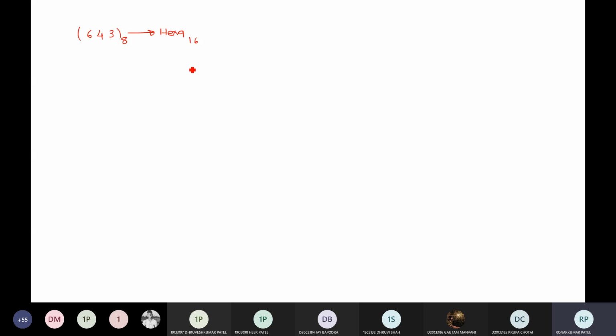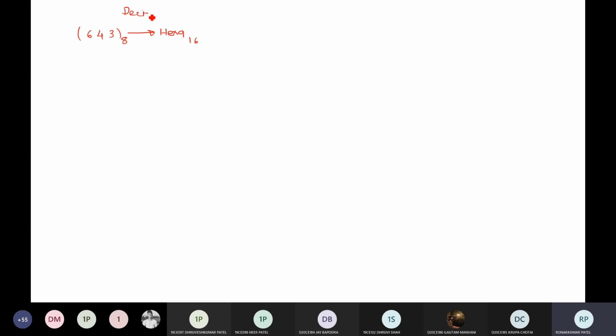So we know one process. We know the conversion from decimal to any number system and any number system to decimal. That number system we know, right? So if we follow that, then first we need to convert this octal into decimal and then from decimal to hexa.